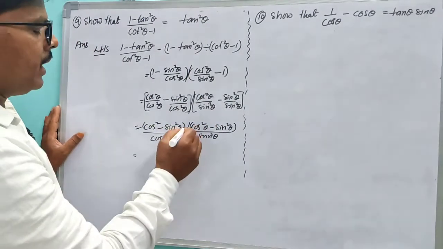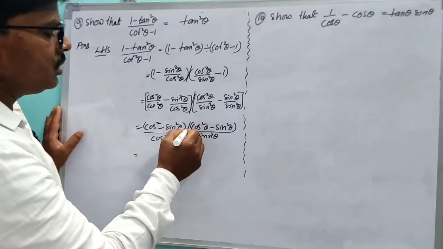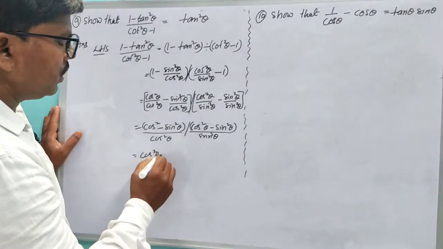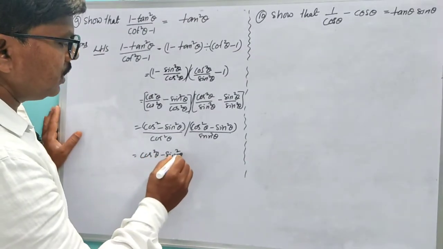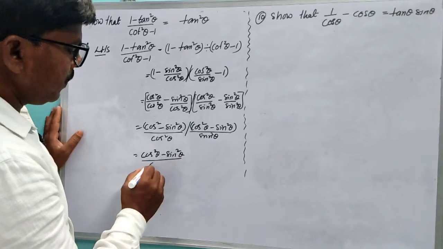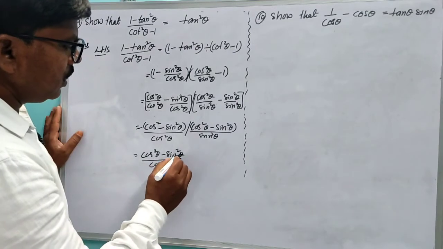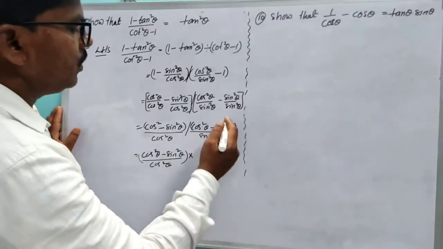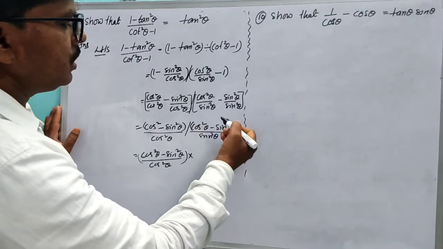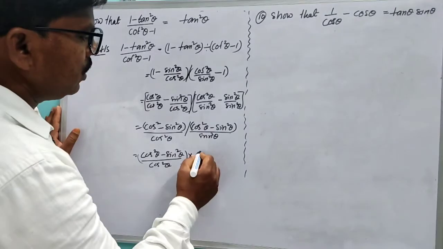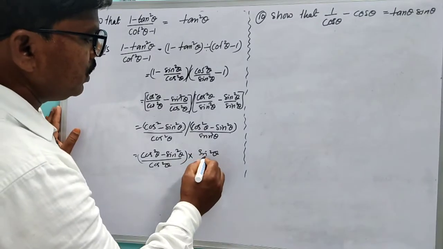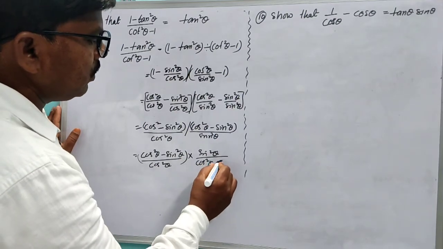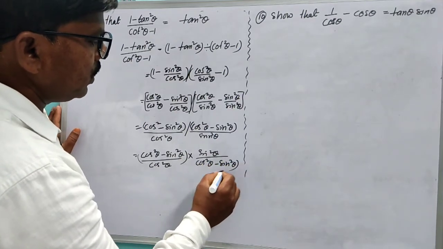Now this is division, so remove this division and keep multiplication: (cos square theta minus sin square theta) by cos square theta. We rewrite the numerator as denominator and the denominator as numerator, so sin square theta by (cos square theta minus sin square theta).